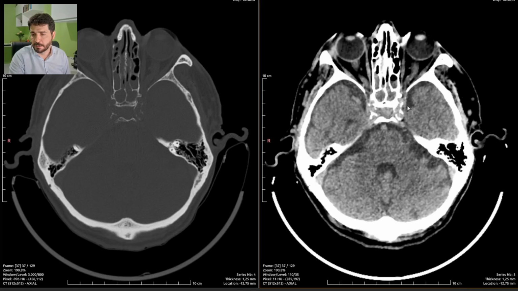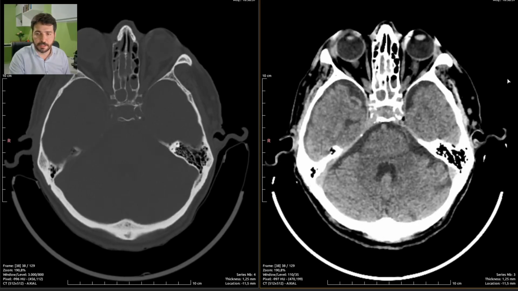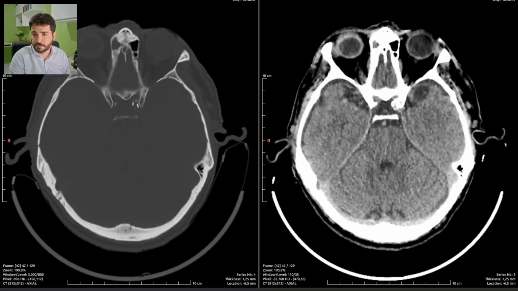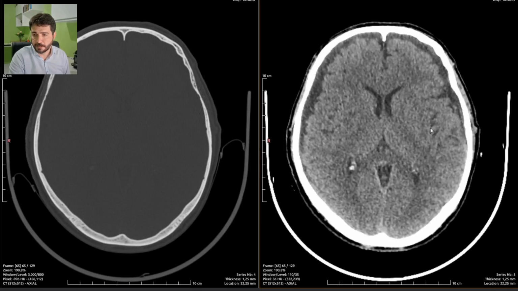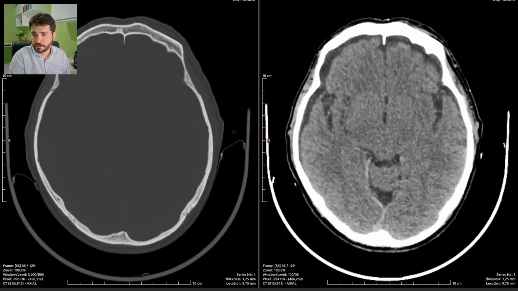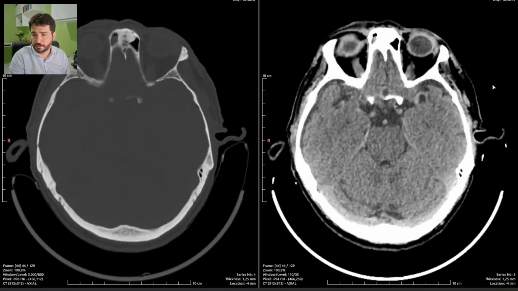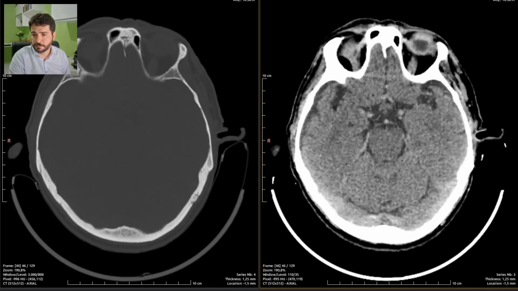There is some calcification of the internal carotid arteries and of the vertebro-basilar system, which is very, very common in his age. The ventricular system, both supra and infratentorial, are fine. Fourth ventricle is fine.